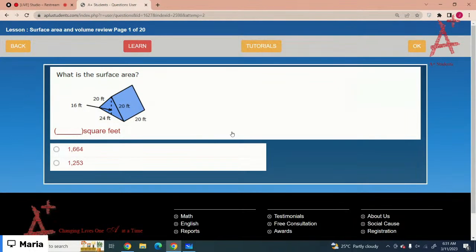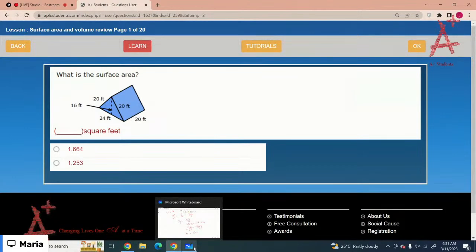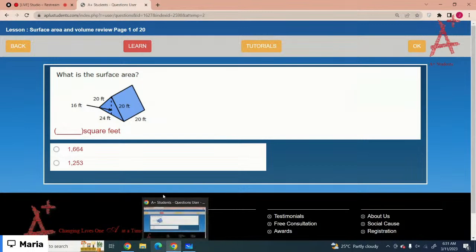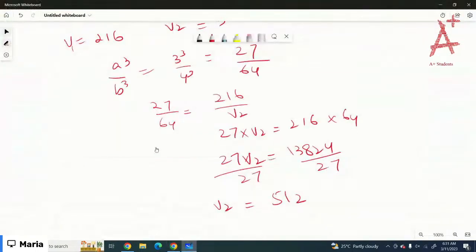Got it? Let me just write down the dimensions on the board. Okay, so let's start with the area of the triangular face. It would be half times base times height.